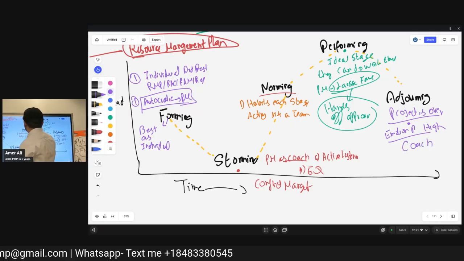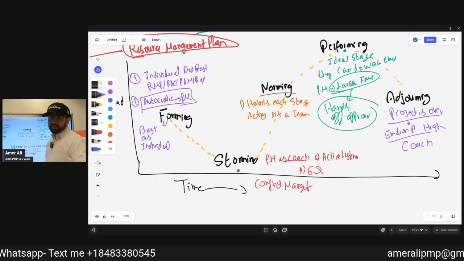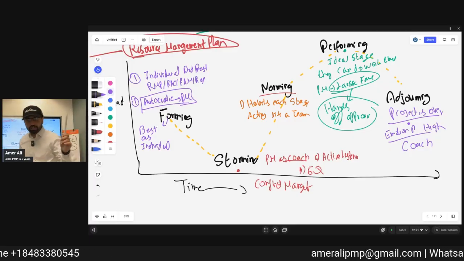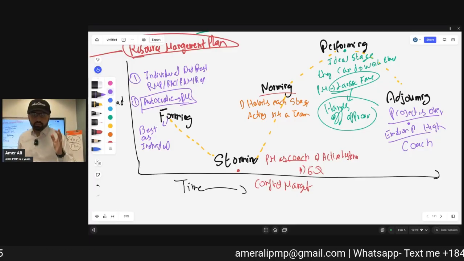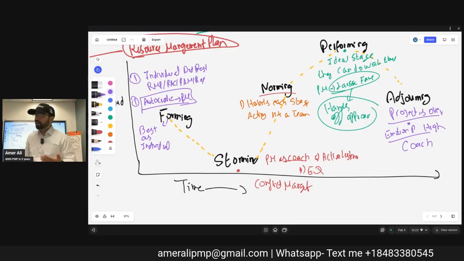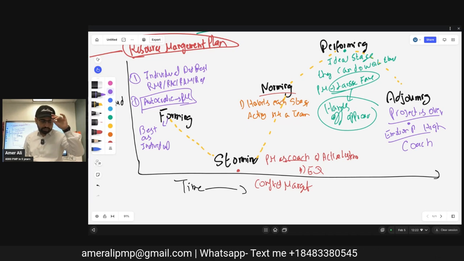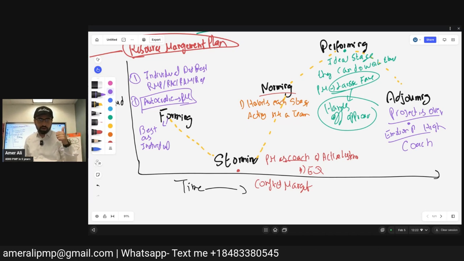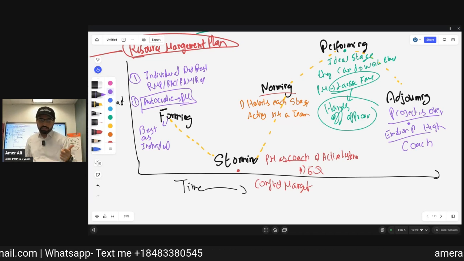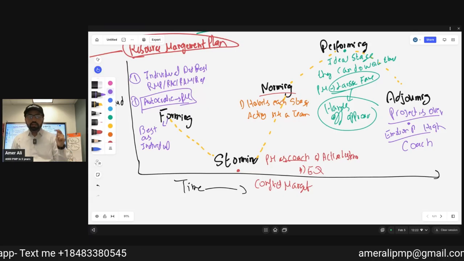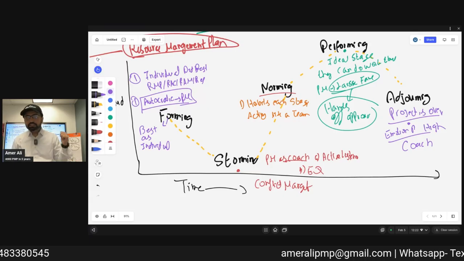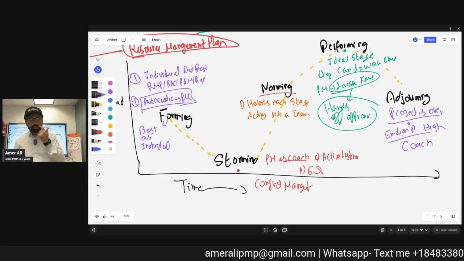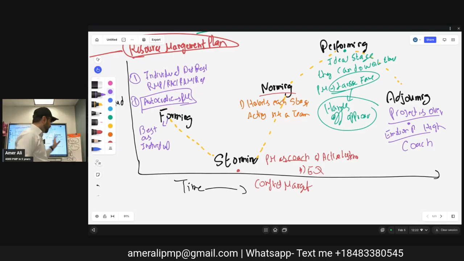Forming, storming, norming, performing, adjourning. Is it clear to everybody? This is your entire team topic. And if you listen to all the success journeys, I am uploading a lot of success journeys nowadays, like 90% of the exam after Agile, and we will cover Agile next Thursday, same time, after Agile, this is the most dominant topic.